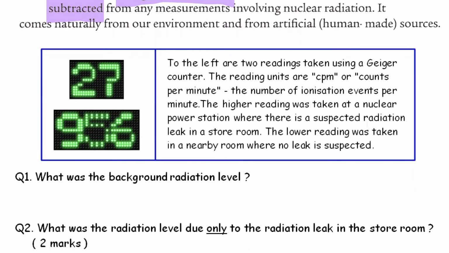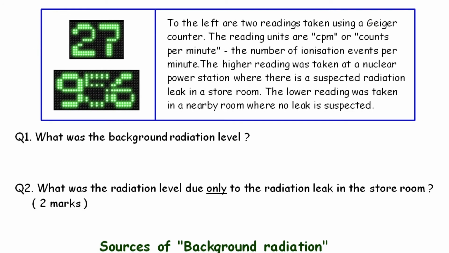Let's look at an example of that. Right, so to the left are two readings taken using a Geiger counter. The reading units are counts per minute, so you could put CPM there, counts per minute, after each of those. And that's the number of ionization events per minute. We just talked about that, how the Geiger Mueller tube works. The higher reading, 956, was taken at a nuclear power station where there's a suspected leak.